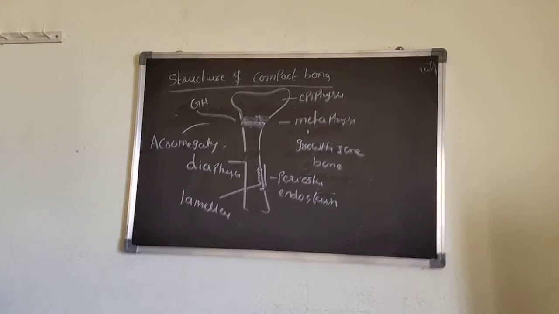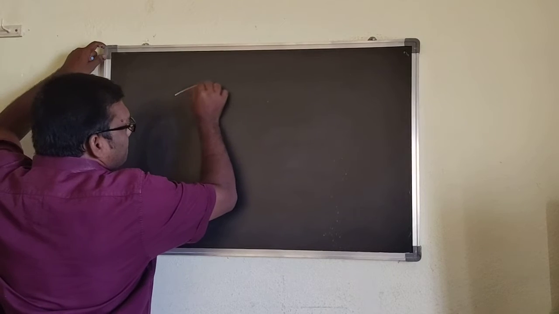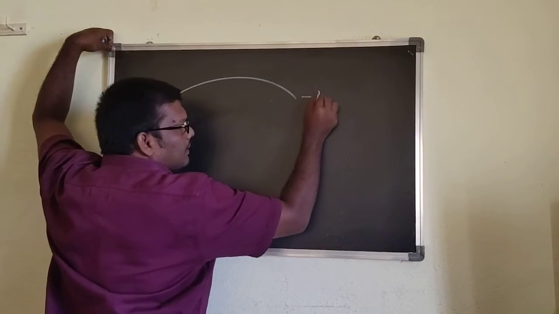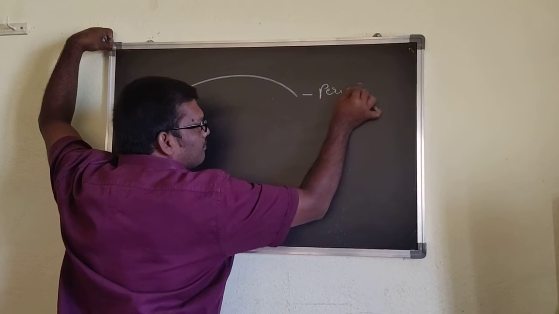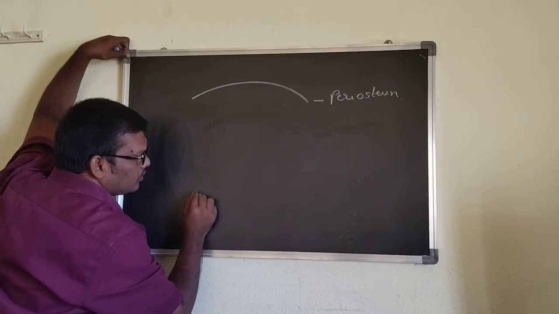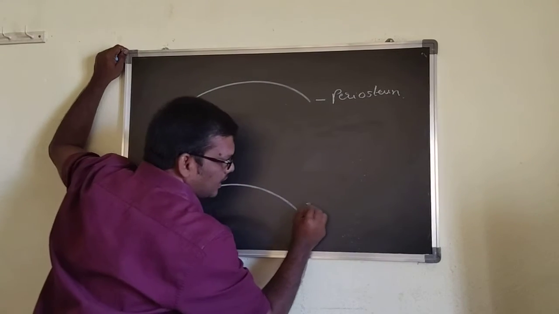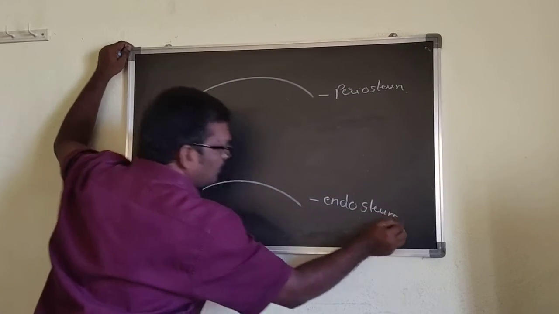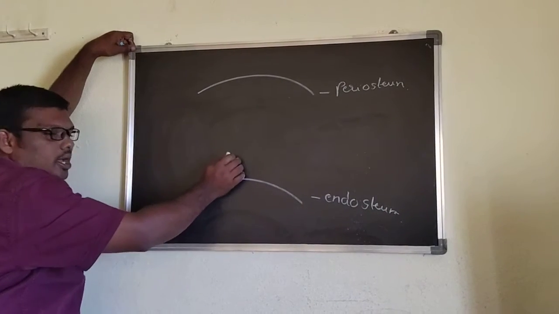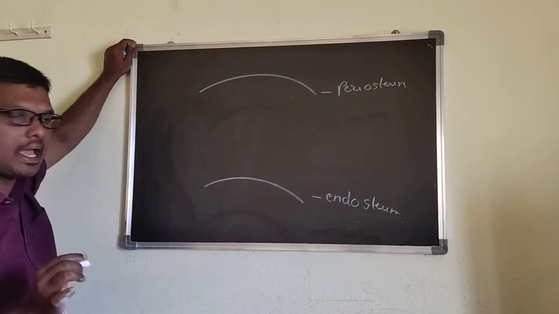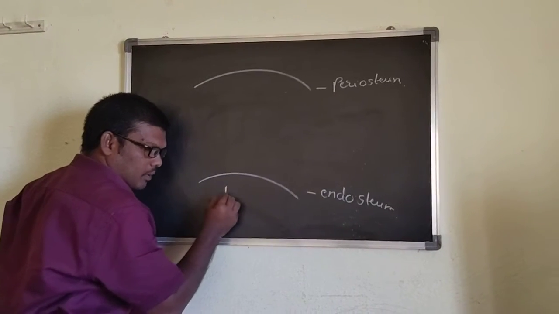Now we have to think this one is the periosteum, this one is the endosteum. Between periosteum and endosteum, lamellae is present, a thin layer called lamellae. Now this one is the bone marrow.